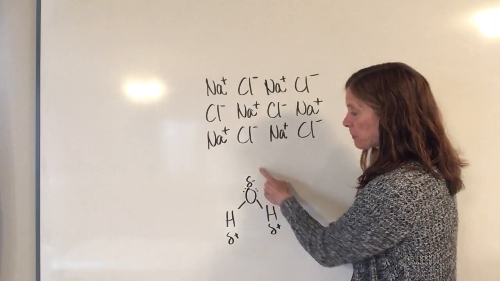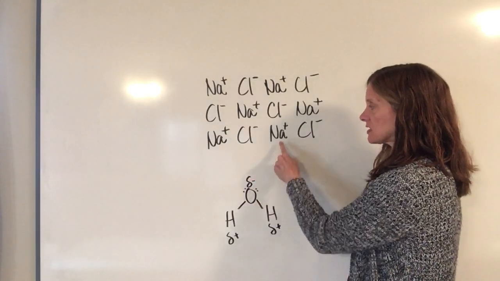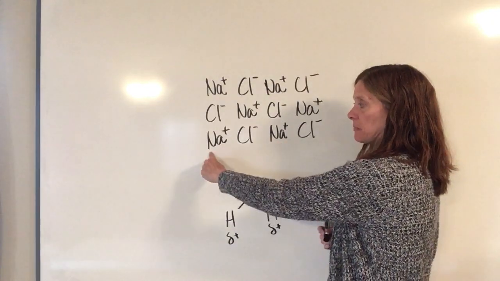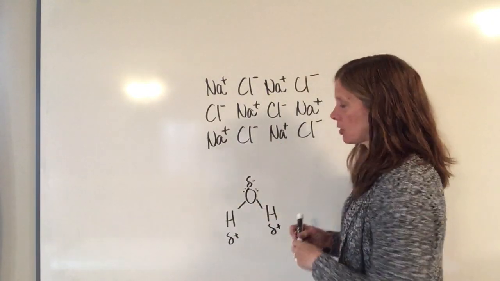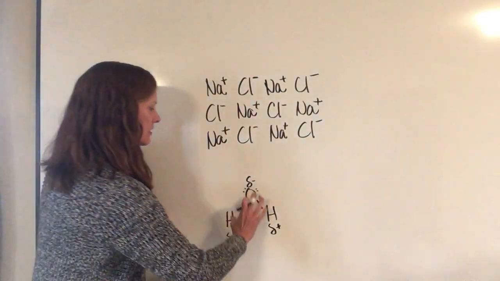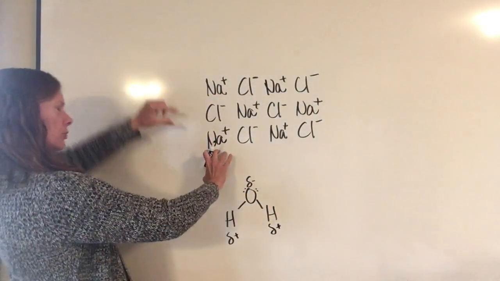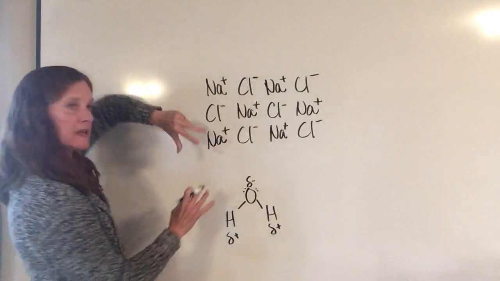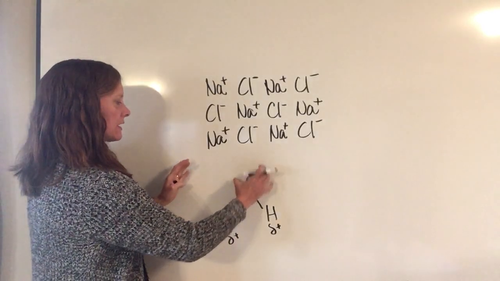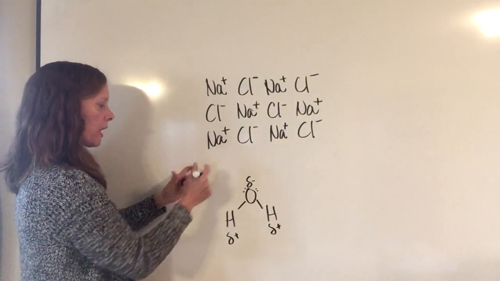And so this partially negative oxygen is going to be attracted to a sodium molecule here, maybe one over here on the side. And so what's going to happen then is, because this is on the edge, it's going to have water molecules coming at it from this direction, it's going to have water molecules coming at it from this direction, and they'll keep banging at it long enough until it gets enough water molecules.